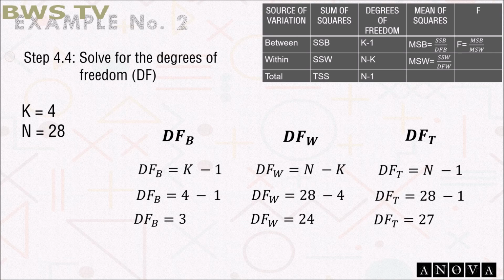DFW is equal to n minus k, which is equal to 28 minus 4, and you'll get the answer 24. Next, we have DFT, which is n minus 1. Substitute it, and you'll have 28 minus 1, which is equal to 27.